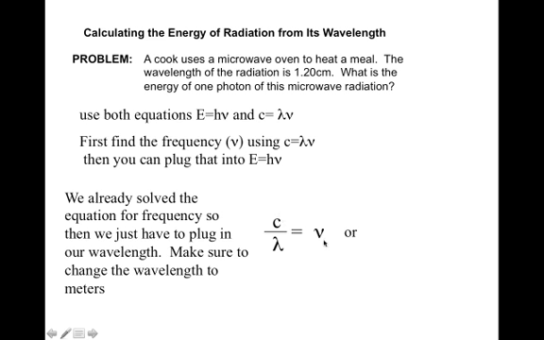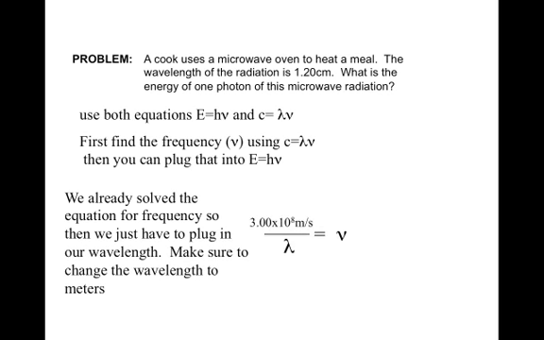Let's plug the speed of light in, and that should be in meters, remember. All right, so here's our equation, and all we have to do is swap out the frequency for the meters. Now, remember, we had to change that wavelength to meters, so 1.20 centimeters is not going to work out for us. We had to change that into meters first. Go ahead and pause while you solve this.